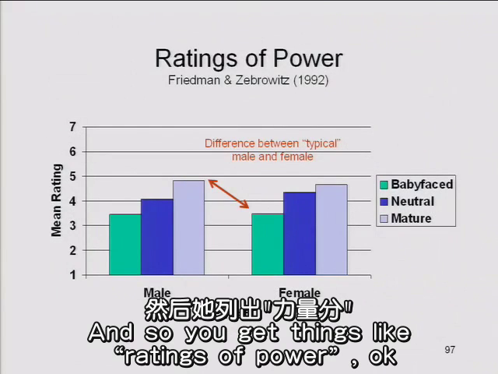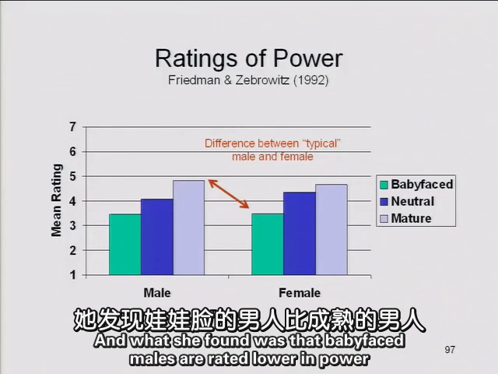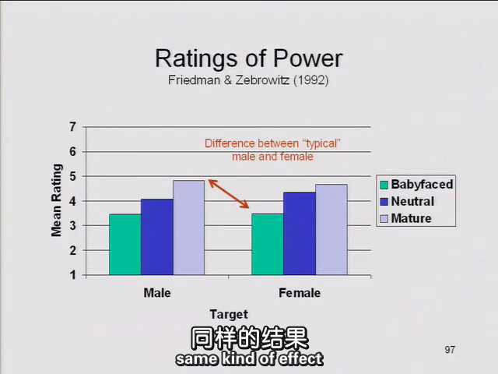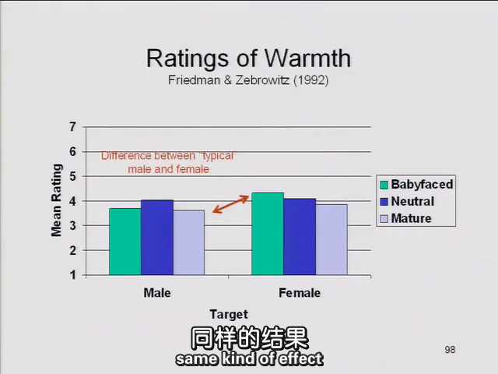And so you get things like ratings of power. What she found was that baby-faced males are rated lower in power than so-called mature males, and that's true for baby-faced females as well, same kind of effect.